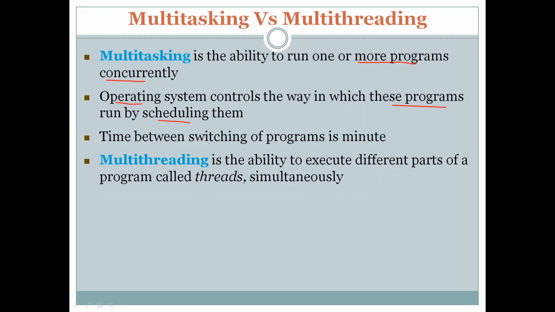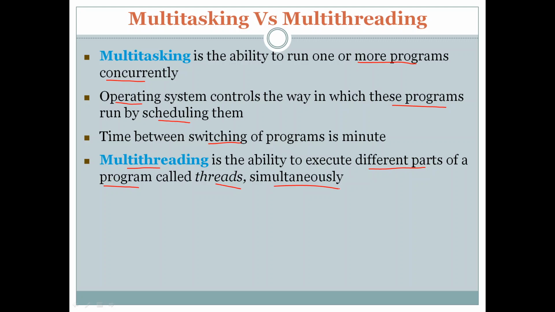The time between the switching of programs is minute, so it is very less, and it happens so fast that we feel like it is executed concurrently. In case of multi-threading, it is the ability to execute different parts of a program called threads simultaneously.